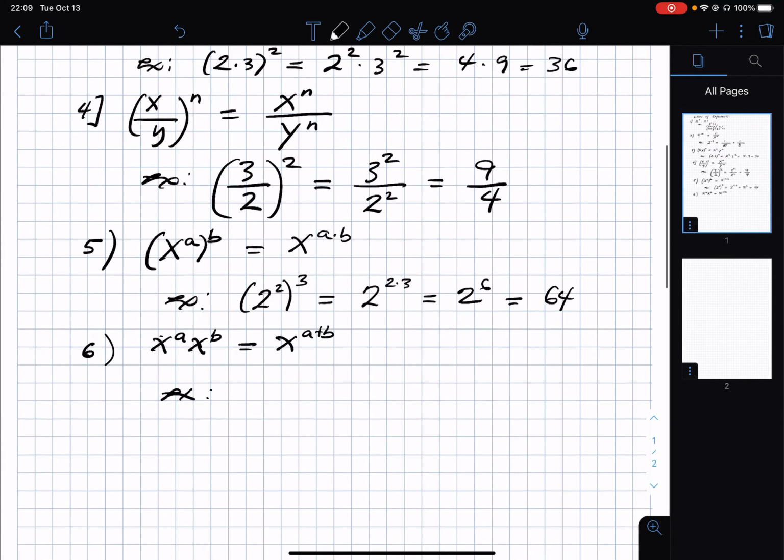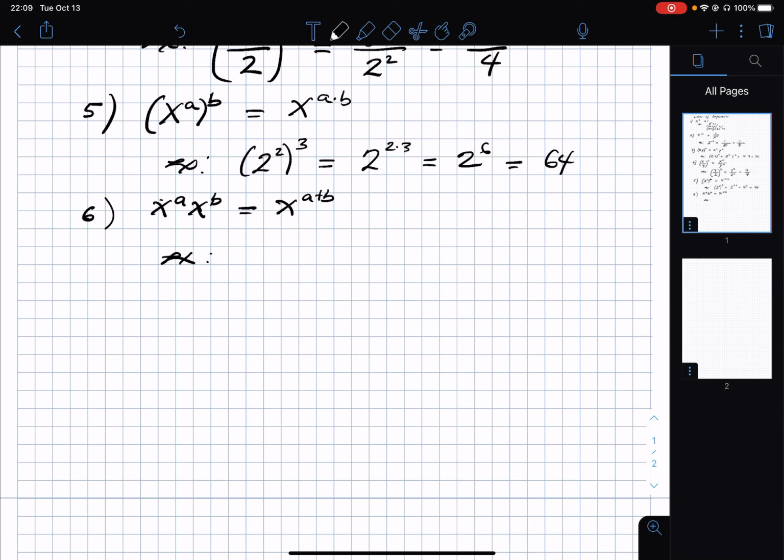So as an example, say you have pi raised to 2 multiplied by pi raised to 3. So that will be pi raised to 2 plus 3. That will be pi raised to the power of 5. Okay.